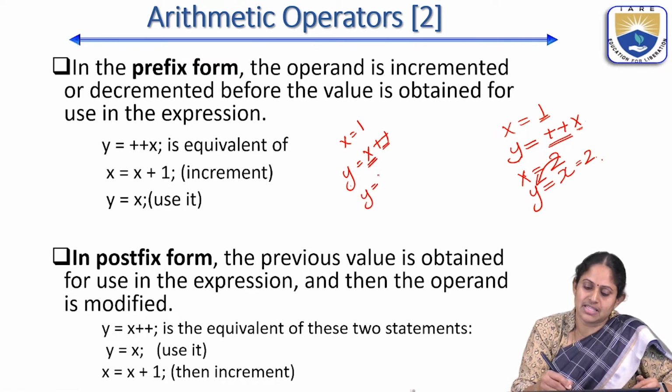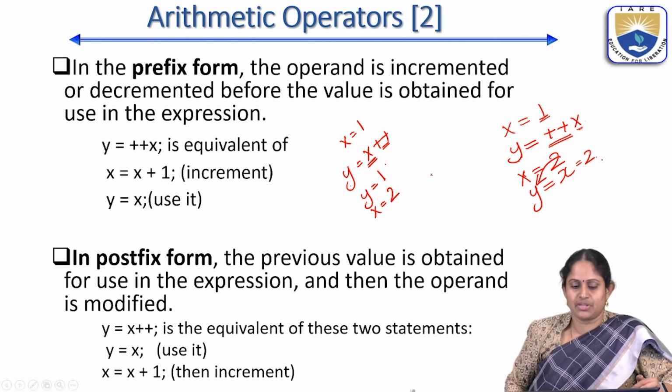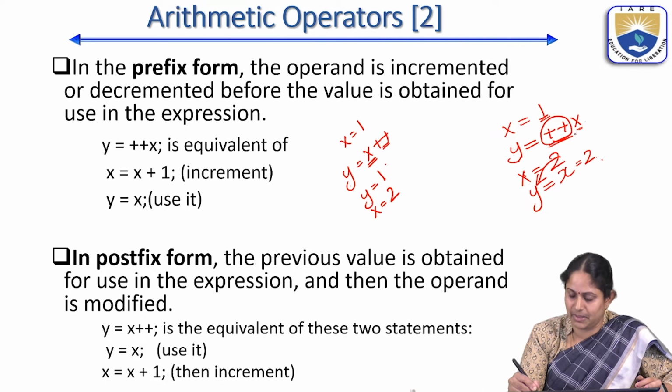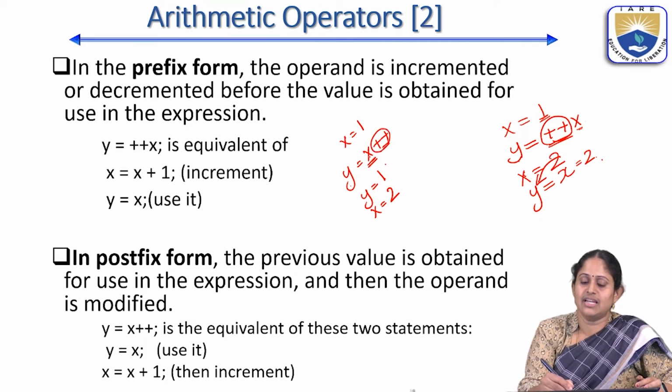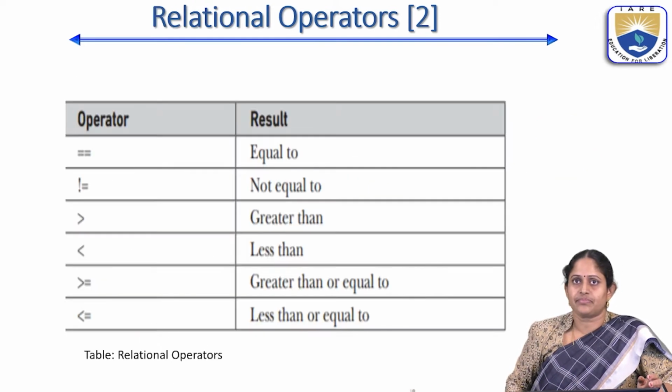So y will be assigned 1, which is obtained from x, then x will be incremented to 2. Prefix form is wherein the operator is available before the operand, and postfix is wherein the operator is present after the operand.